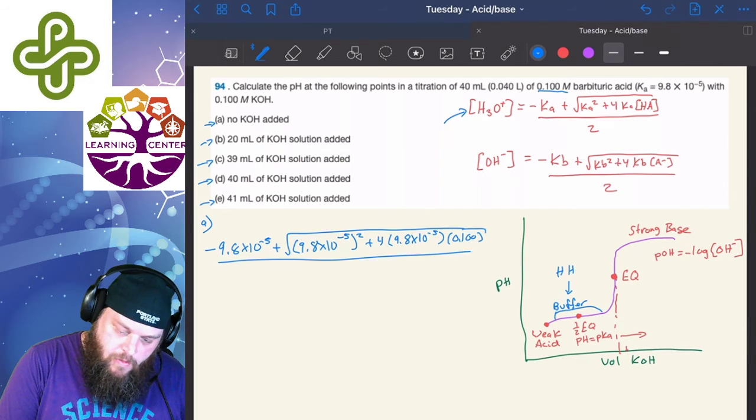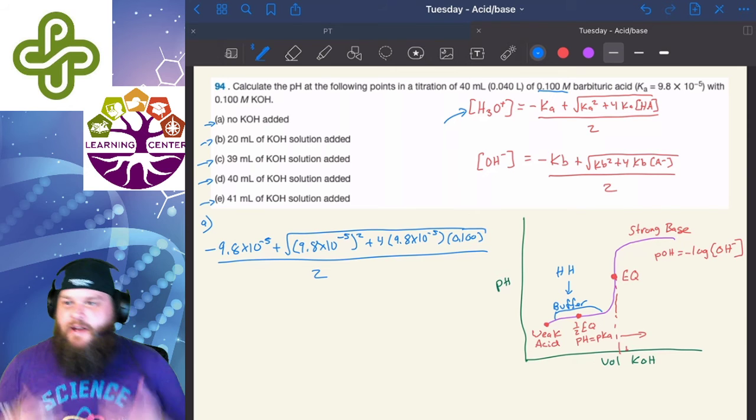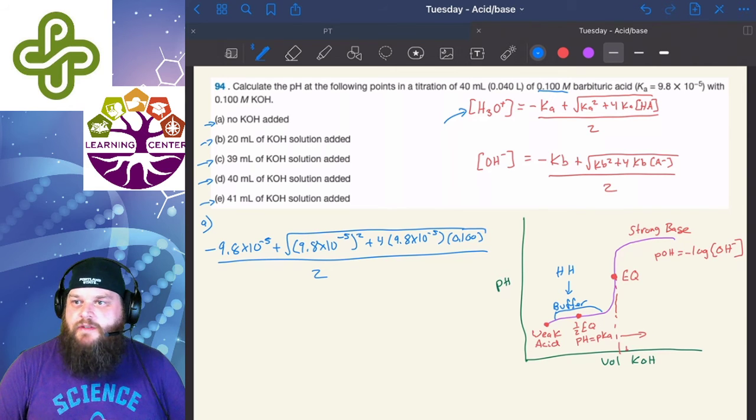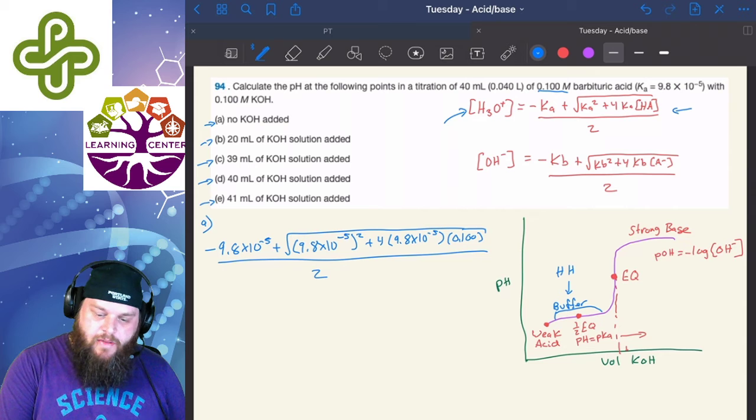We're going to divide that whole thing by 2. I know it's a lot to really look at, but it's really just following this equation and plugging in our Ka values, which they give us, and that concentration of the acid.